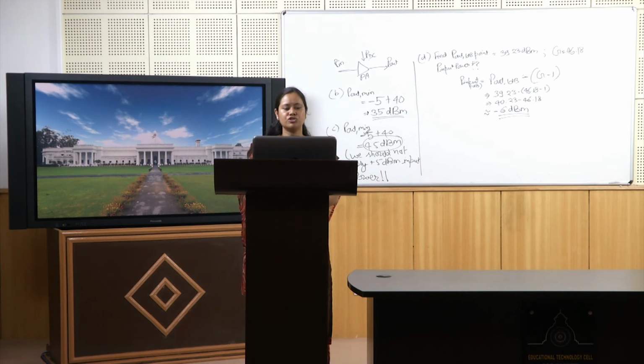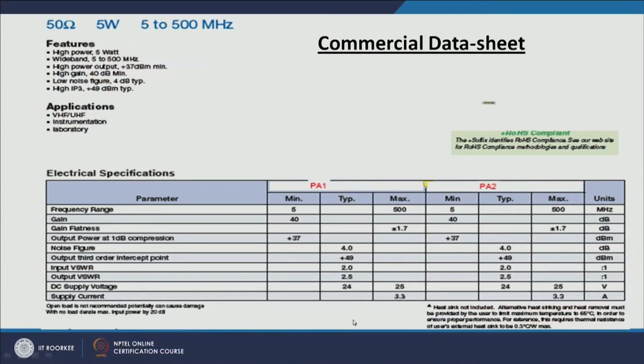Now what should be PDC based on the given data? The typical DC supply voltage and supply current are given here as 25 volt and 3.3 ampere.